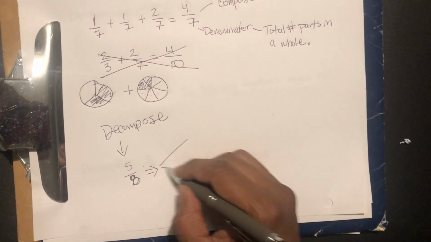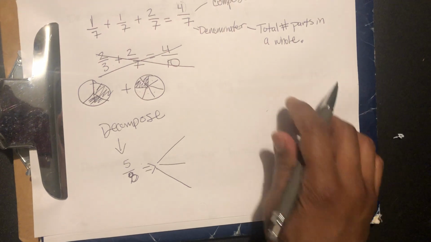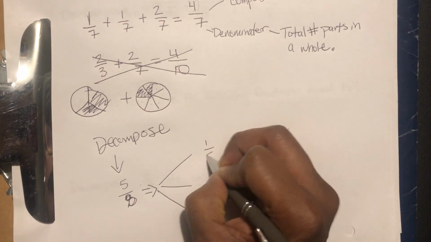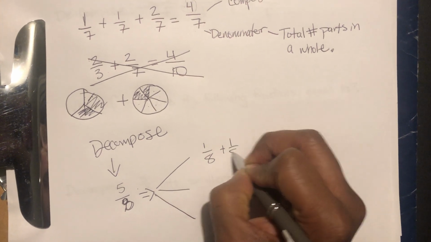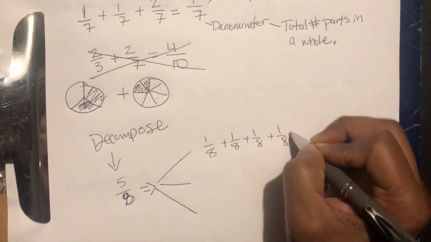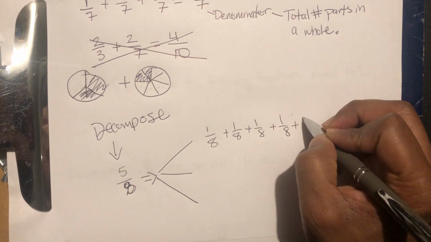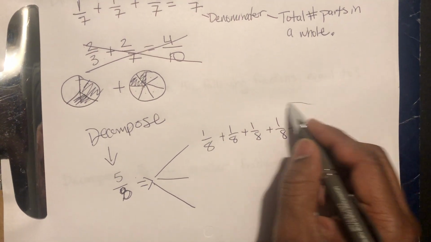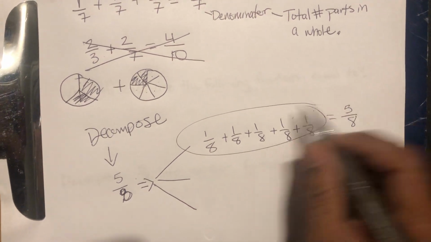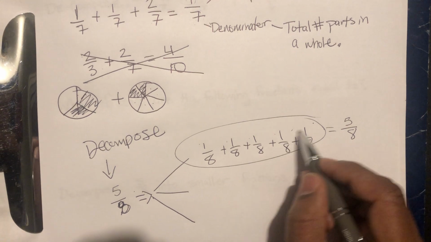So we'll just do 3 simple options. In this case, I could say, well, I have 5, so 1/8 plus 1/8 plus 1/8 plus 1/8, that's 4, plus 1/8. Now that combines together and will give me 5/8. You see that? 1, 2, 3, 4, 5.